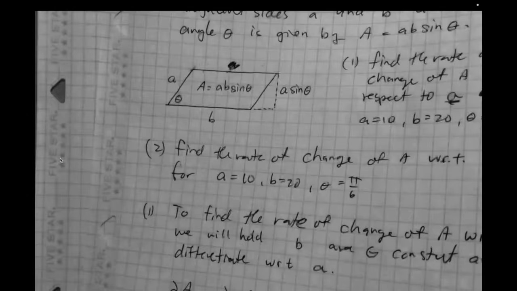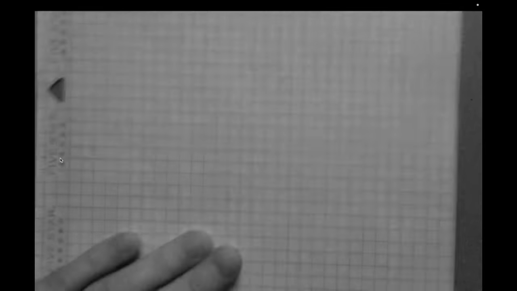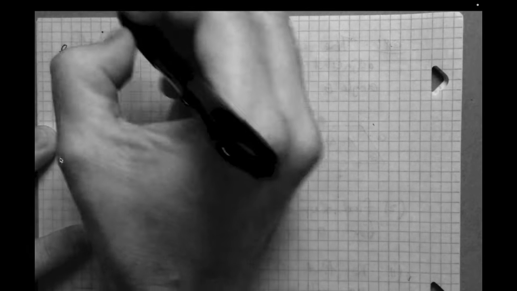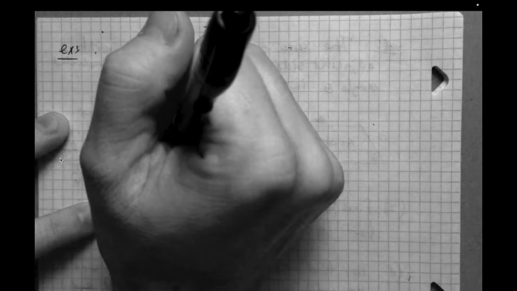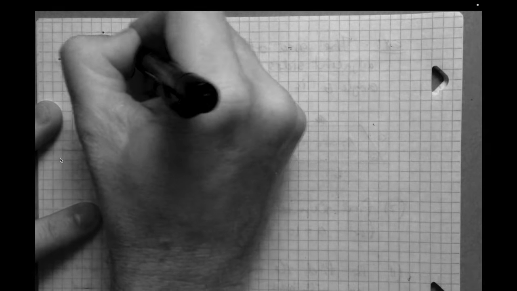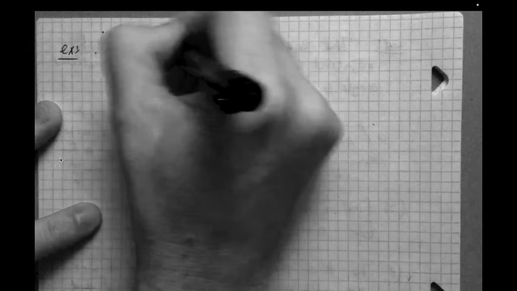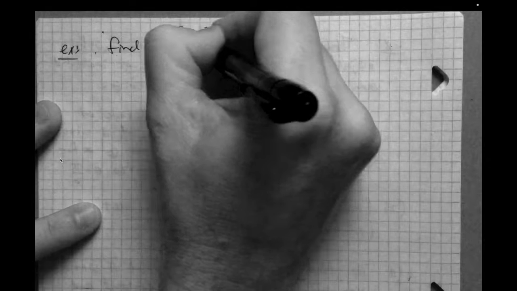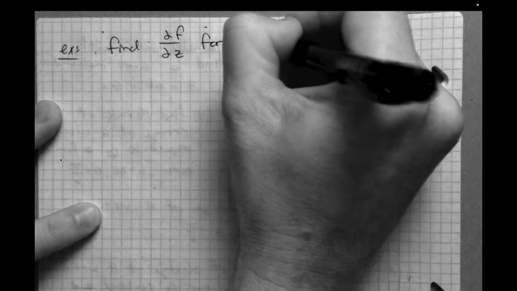Excellent. All right. Let's see some more examples of some of these derivatives with more variables. Okay, so let's try a simple one. Not too hard, but let's find del f del z for f of x, y, z.